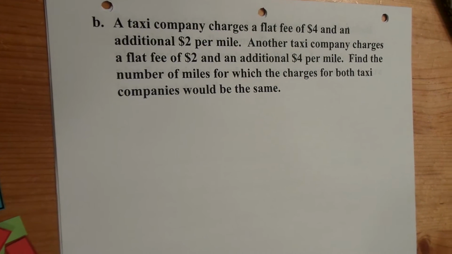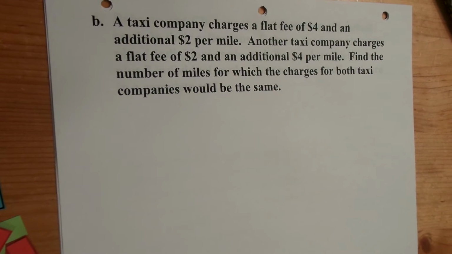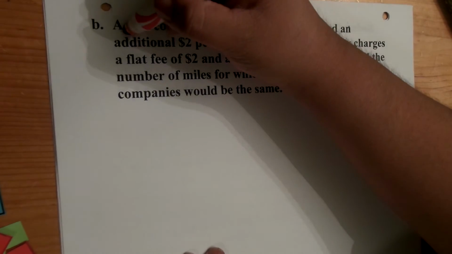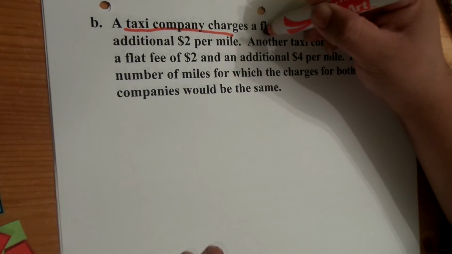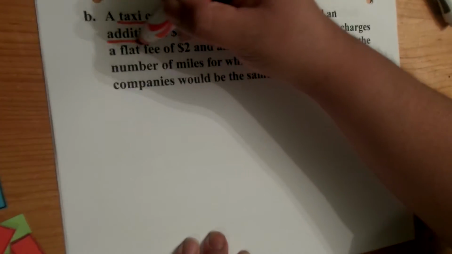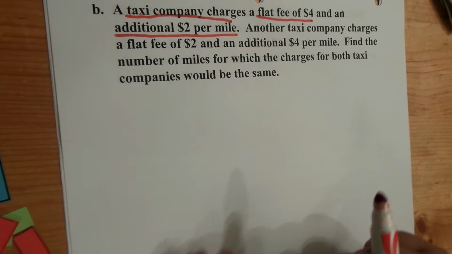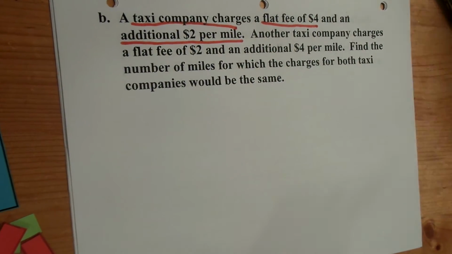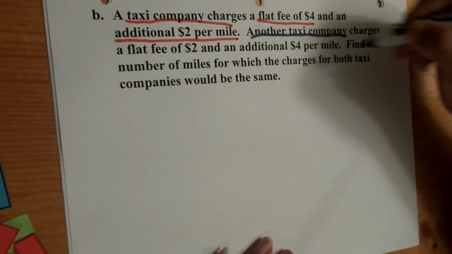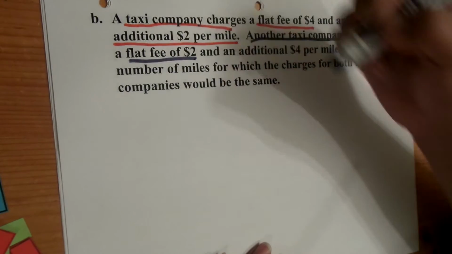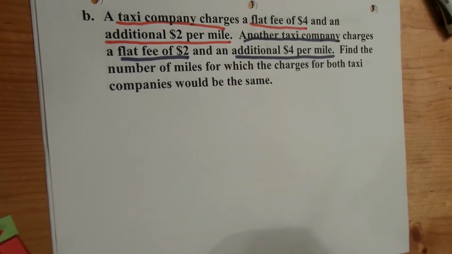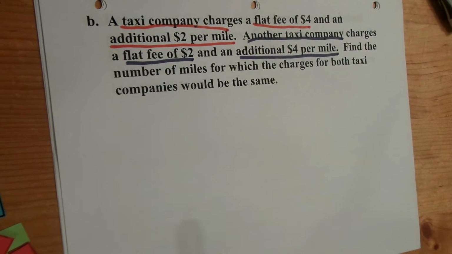So our first step, we want to write the equation. We have a taxi company that charges a flat fee of $4 and an additional $2 per mile. We also have another taxi company that charges a flat fee of $2 and an additional $4 per mile. So let's write this equation first.